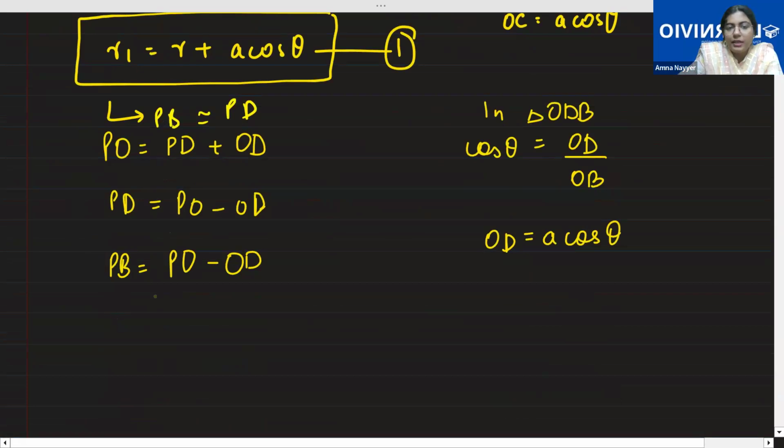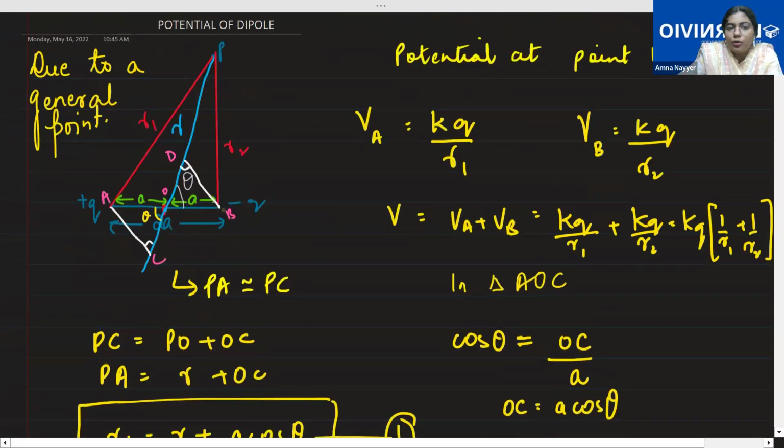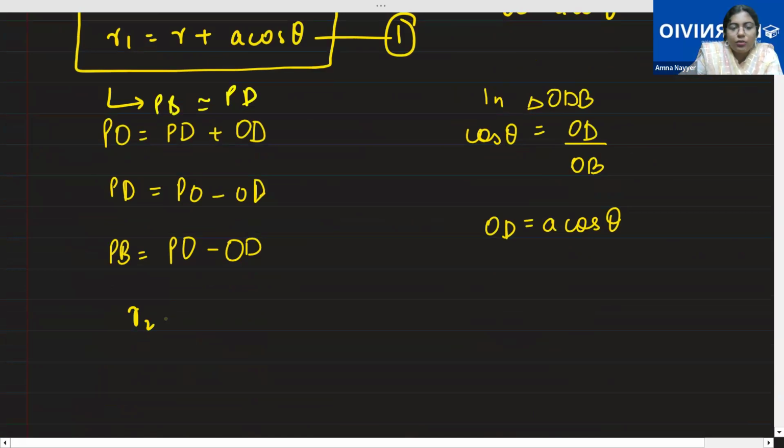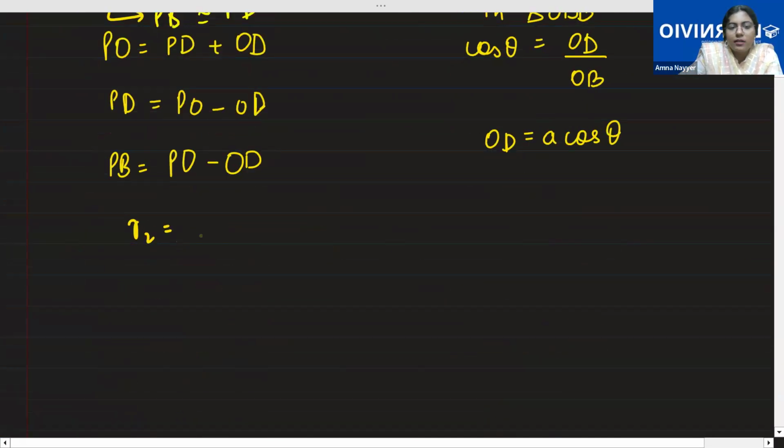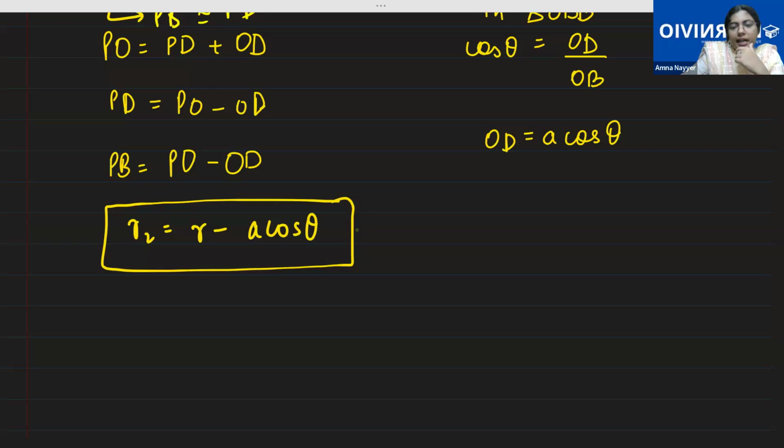Now see, PB is what? PB is R2. What is PO? PO is small r, minus OD is A cos theta. That is the second equation.